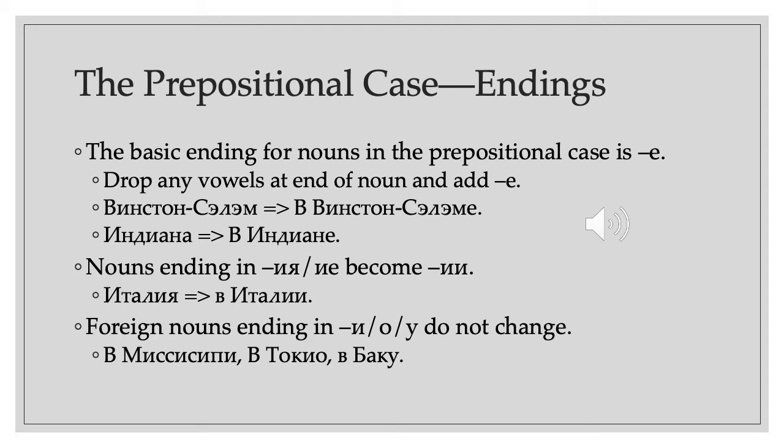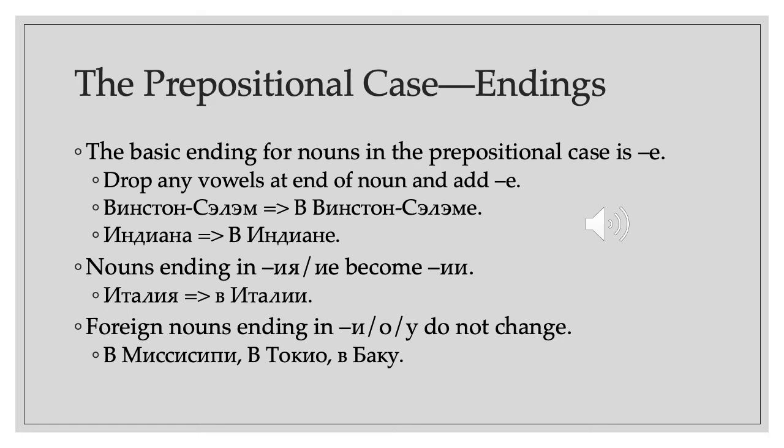So we would say, for example, Winston-Salem, but if we wanted to say in Winston-Salem, we would say в Winston-Salemе. Note that with hyphenated words, you only decline the last word. Or we could have the word Indiana, and if we wanted to say in Indiana, we could say в Индиане.